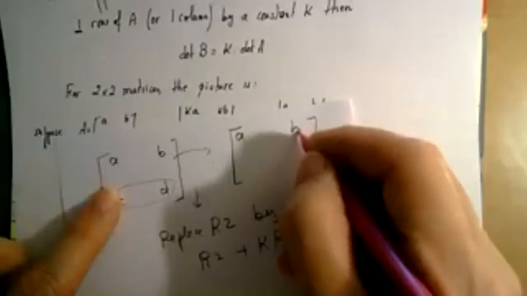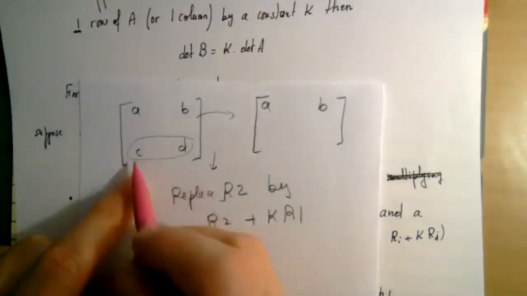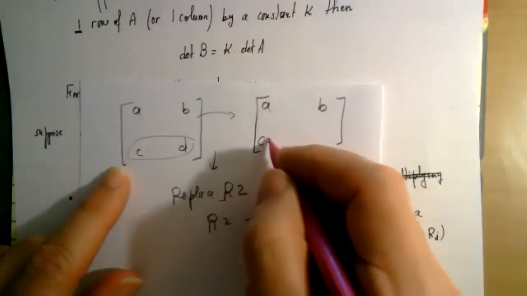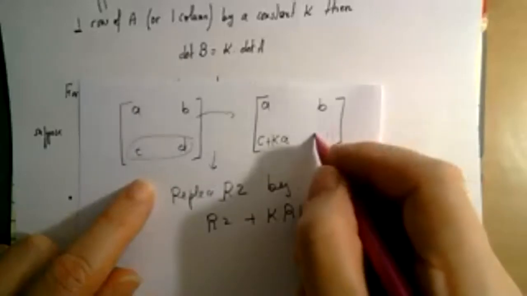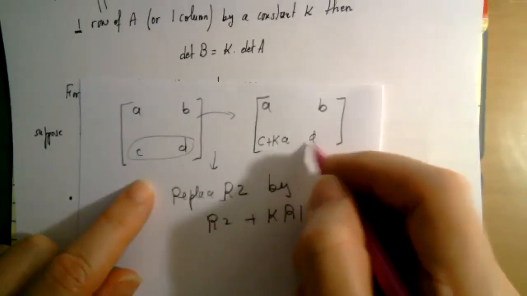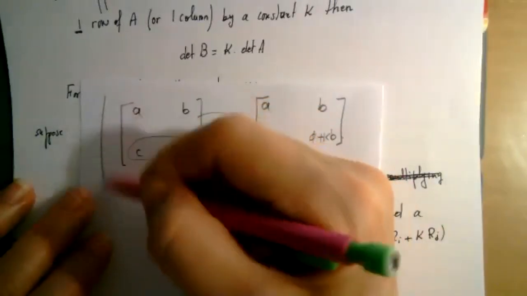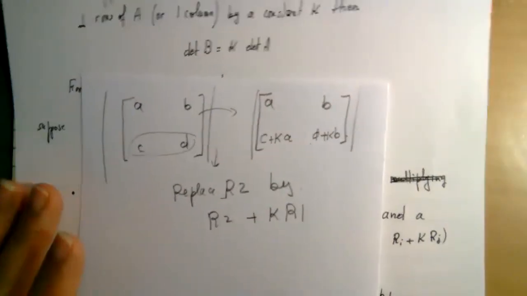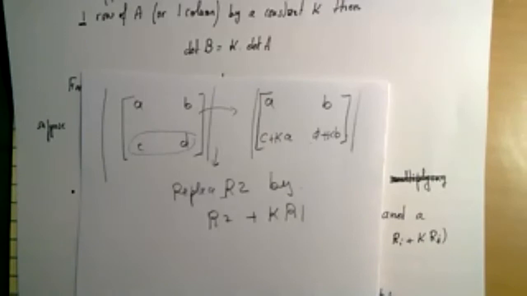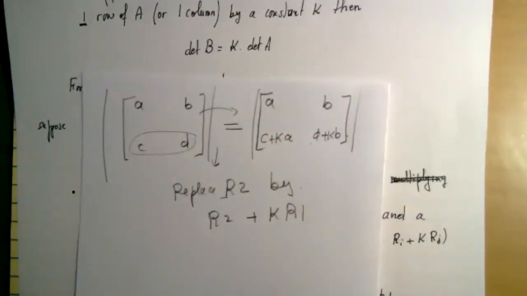A, B, and I'm replacing R2 by the sum. That's going to give me C plus KA, and this is going to give me D, the sum of itself, plus KB. That's the operation I did. And the question is, what's the relationship between that and that? Because we know that that's the operation we perform the most. And interestingly enough, they will have the same determinants.